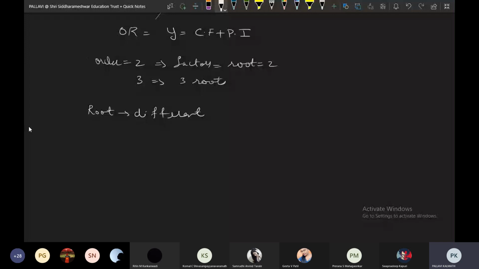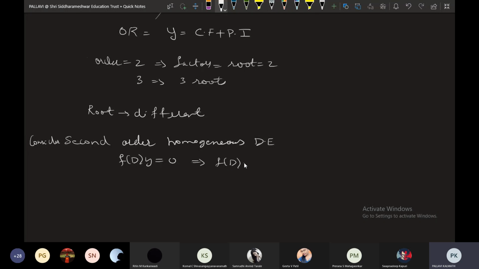So see here, in general, if I consider a second order homogeneous differential equation in the form f of D into y equals 0, second order means what does it imply?